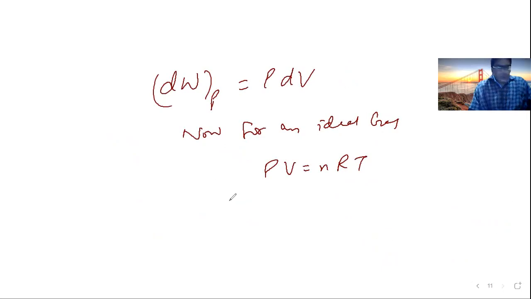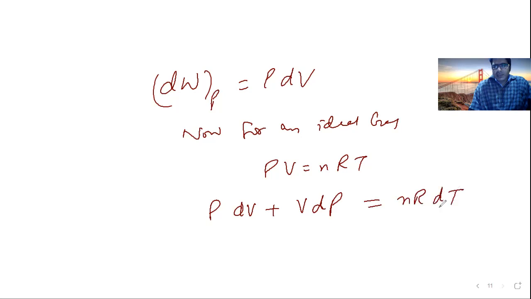And we differentiate this equation and write PdV plus VdP. It is VdP, right? PdV plus VdP is simply nR dT.